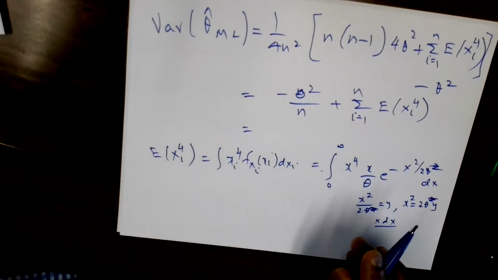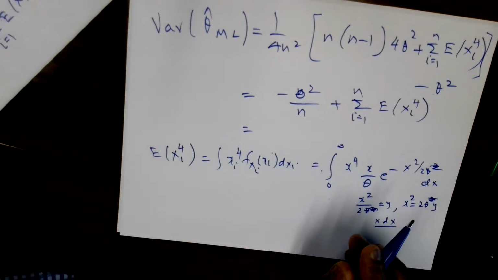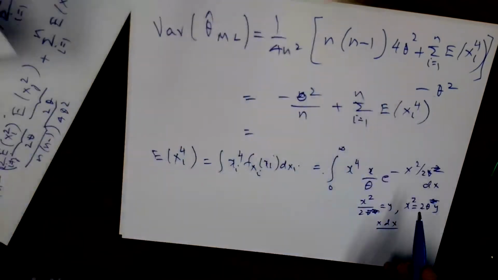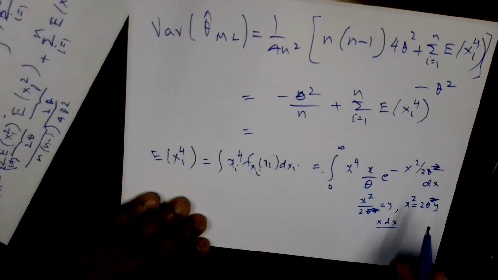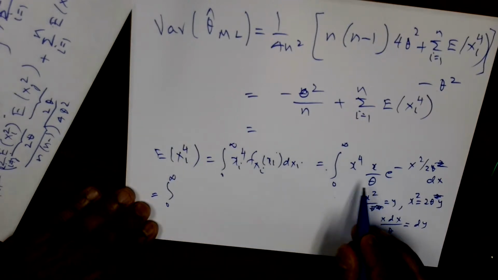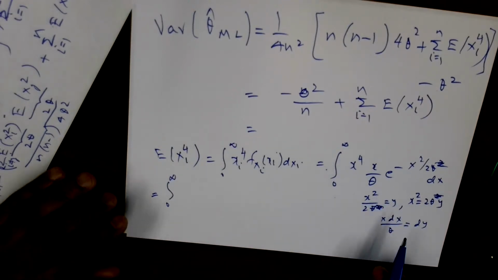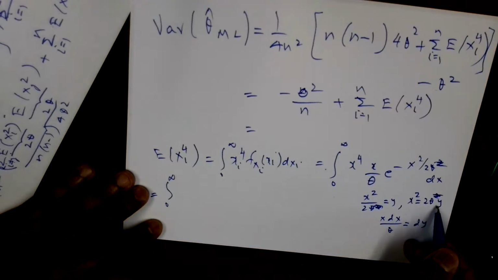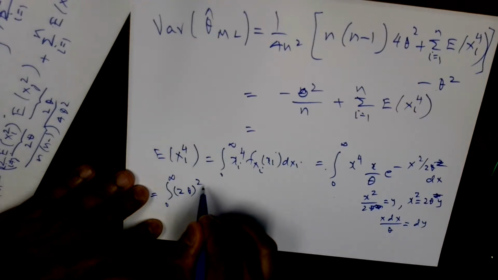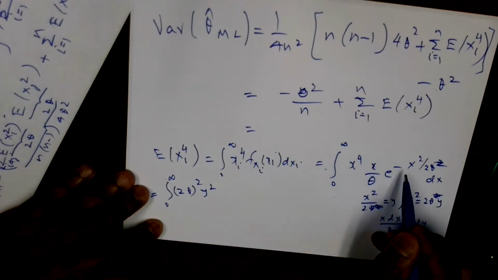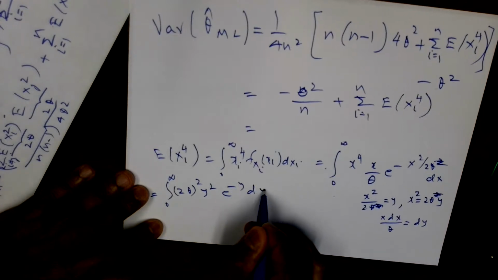That's the PDF; the PDF was x over theta, so I just have x dx over theta is dy. If you substitute all this, x goes from 0 through infinity, y also goes from 0 through infinity. Notice x to the 4 is x squared the whole squared. x squared is 2 theta y, so that's 4 theta squared y squared. Then you have x dx over theta, that's dy, and this is e raised to minus y dy.